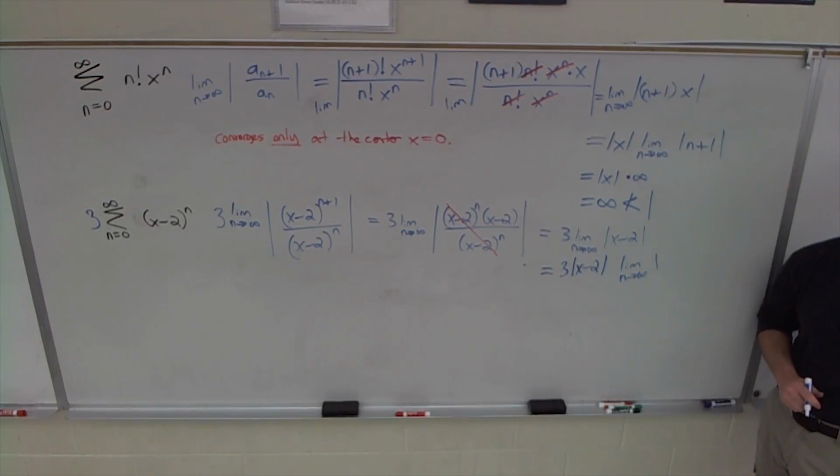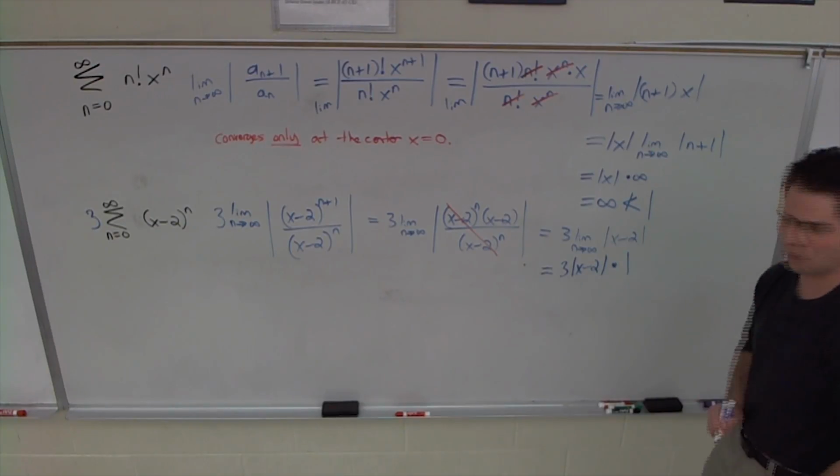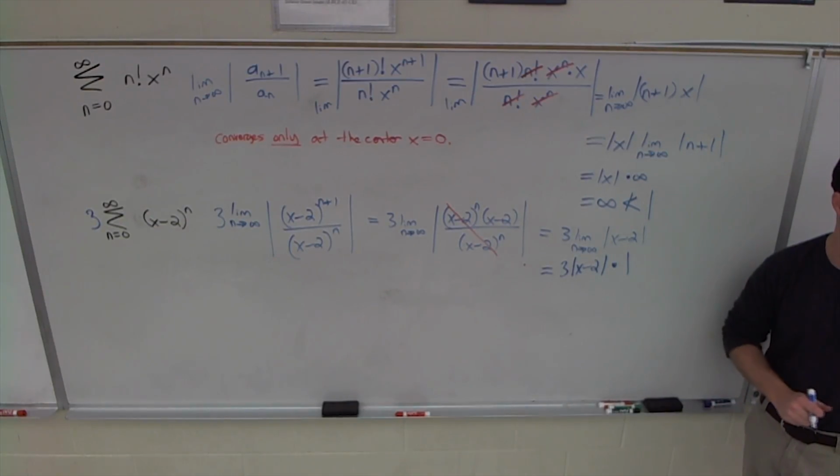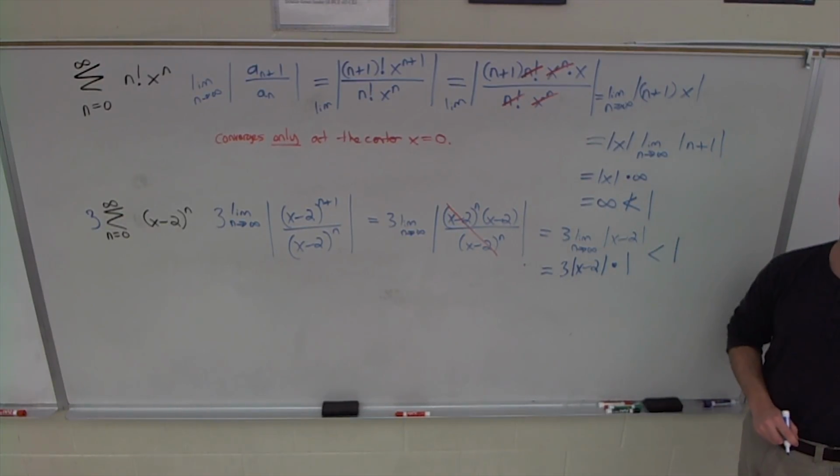So 1 is left. What's the limit as n approaches infinity of 1? And we were doing a ratio test, which means we're interested most in where this is less than 1. Do you think we can solve this little inequality and determine the interval of convergence?